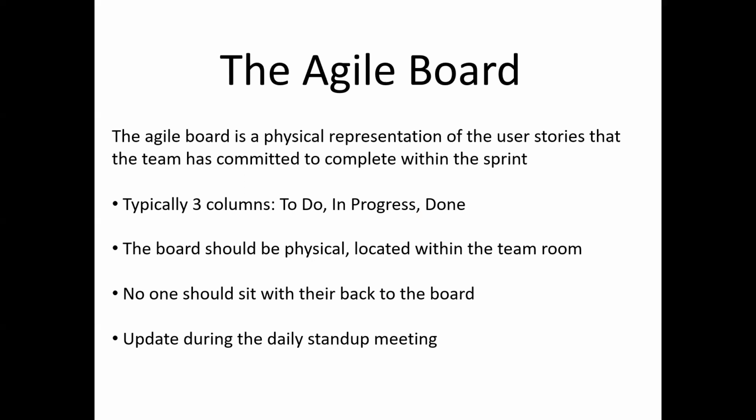So at the time when the member is providing the status, this particular story will also move from In Progress to Done if it is already done. Some of the items in yesterday's meeting may have been in the To Do list, and we have picked them up and they are in progress. So the status should reflect correctly. At the end of the daily stand-up meeting, that status should be accurately updated on the Agile board.